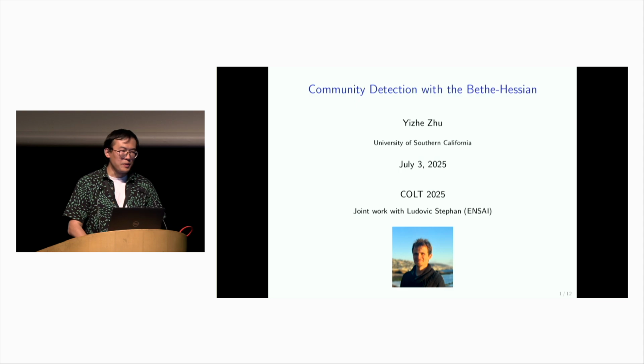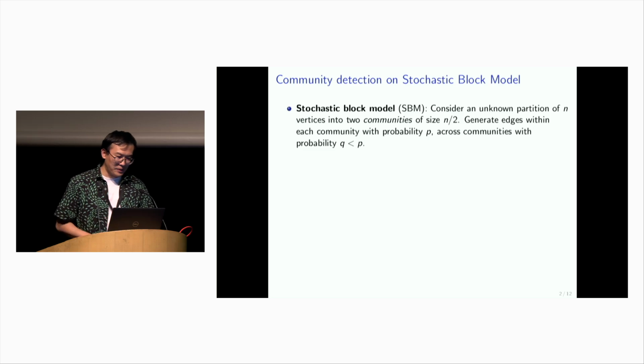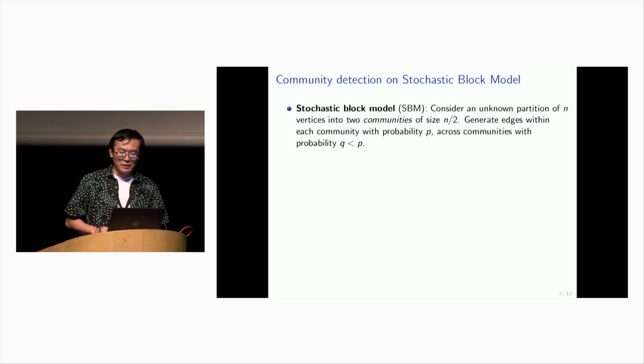We'll talk about the community detection problem under this stochastic block model. So I'll first briefly explain what community detection on the stochastic block model is. In the simplest case, we can consider a graph with an unknown partition of equal size.